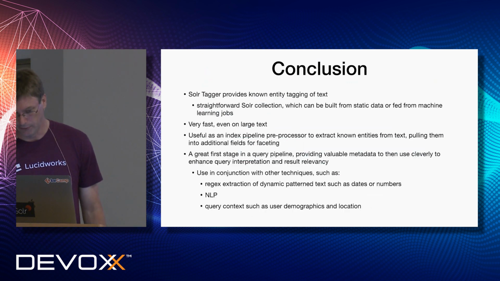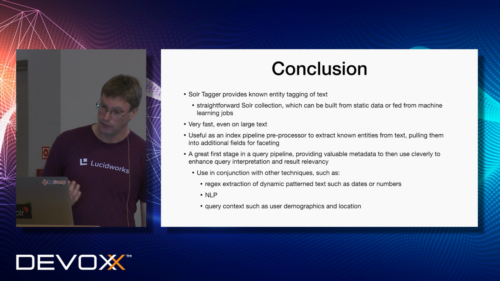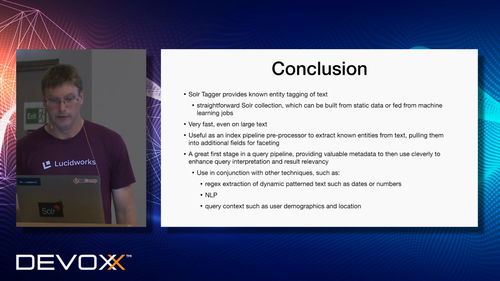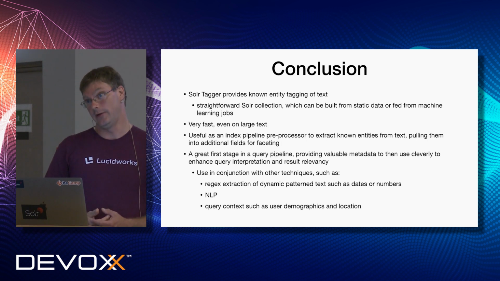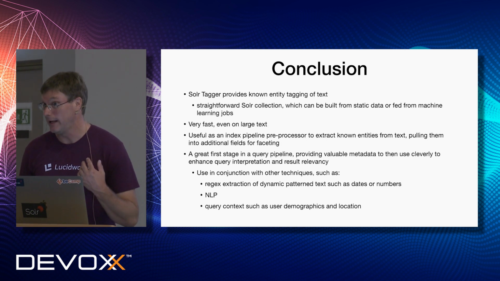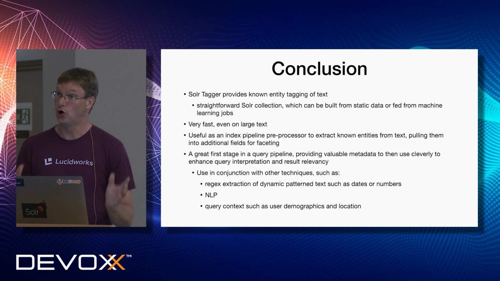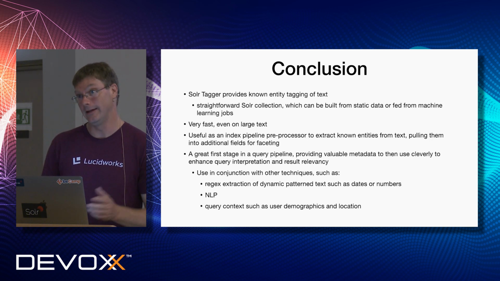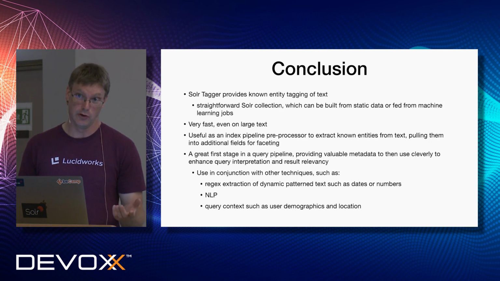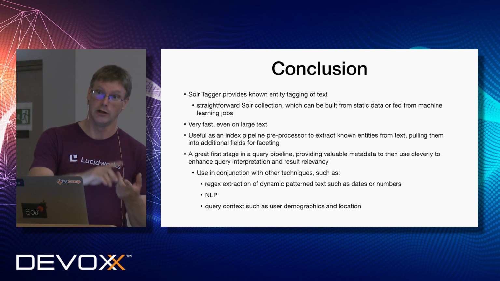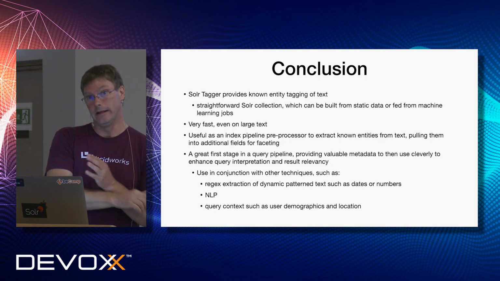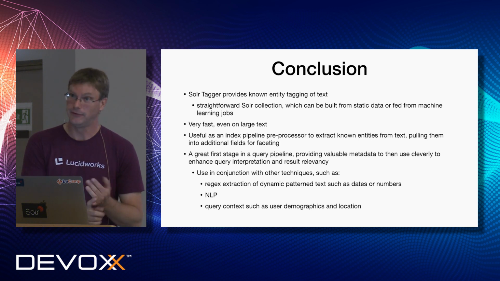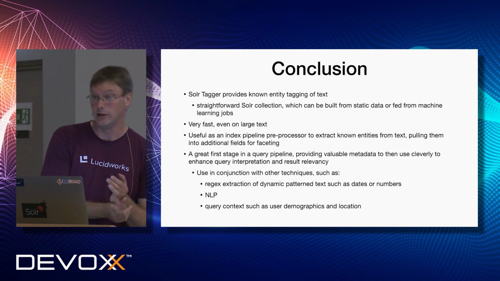All right, so let me just have some closing points here. The Solr Tagger provides known entity tagging of text. Sounds mundane, but again, you've got a large amount of things that you already know about in your domain. If you're e-commerce, you know colors, brands, categories, types of products that you have, right?